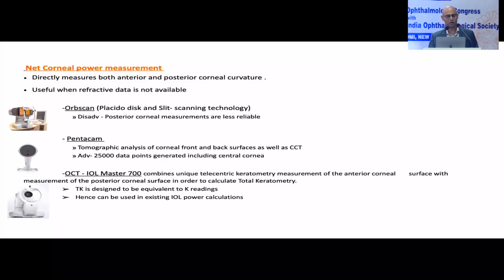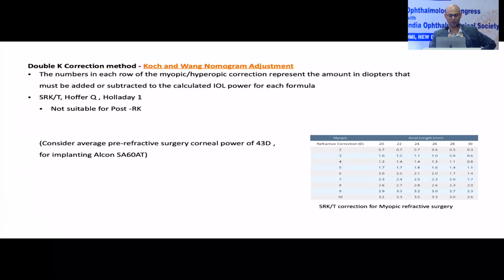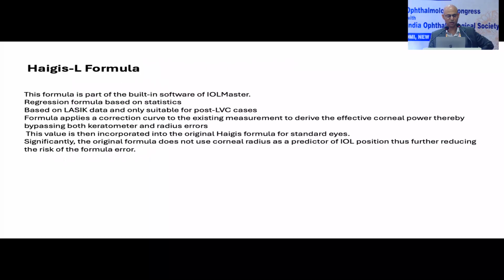So these are especially useful when refractive data is not available, because they can measure both anterior and posterior curvatures. OPD-Scan is a little less reliable. Pentacam and the IOLMaster 700 are definitely better tools if you have them. And a double K correction method using the Koch and Wang nomogram adjustment significantly improves results, and it is useful for SRK/T, Hoffer Q and Holladay, but not suitable for post-RK.